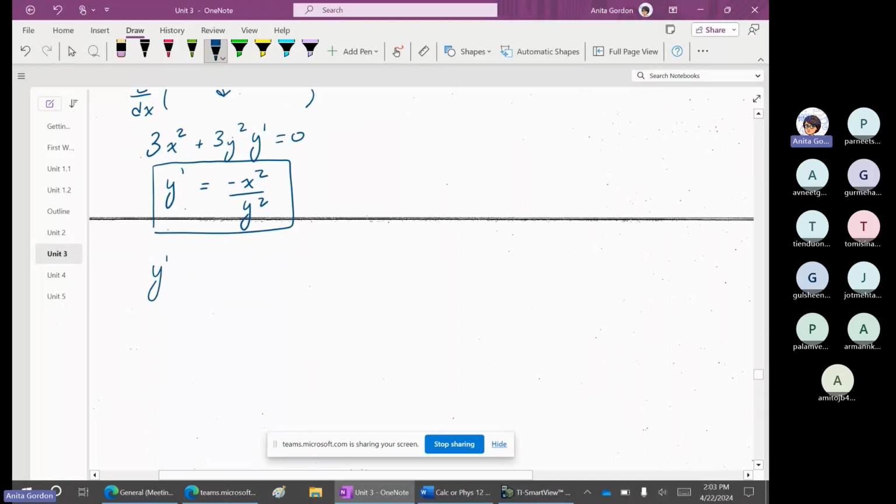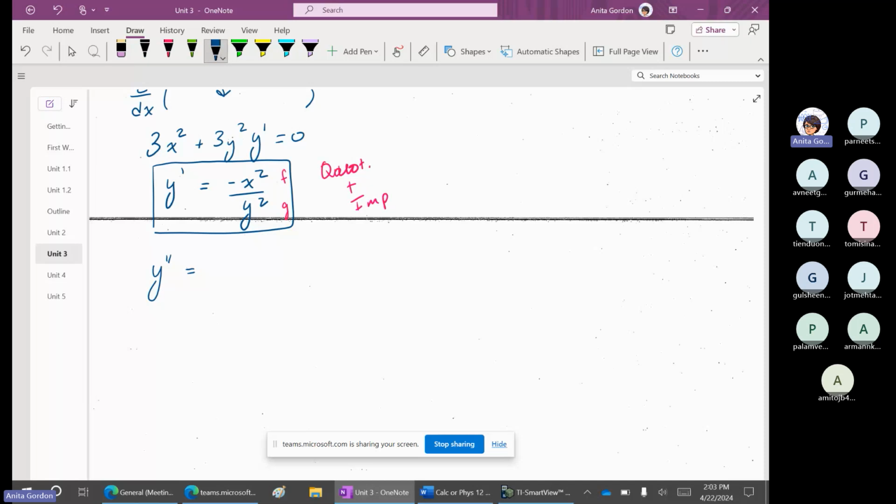We will have to put that back into y double prime when we get to that spot. So y double prime, now I have quotient rule and implicit. Quotient rule plus implicit. So if this is f and this is g, what's the quotient rule tell me?